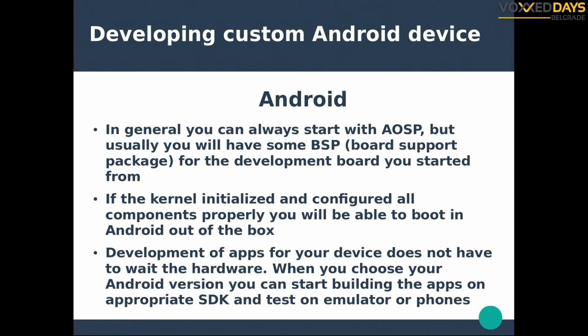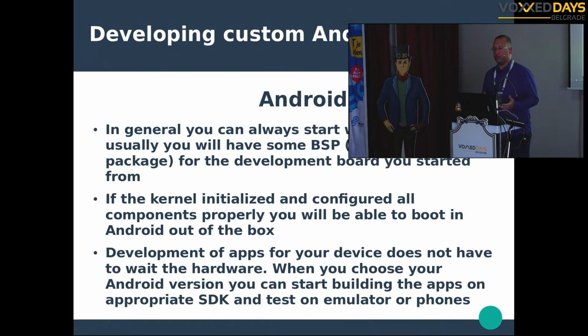Of course, as I said, with the development of your project before the hardware, one thing to consider is to start developing the applications that you will use on your device, the specific applications for your project's needs. You should start development in parallel with the hardware. And for those needs, you can use the emulators that you have from Google. There are also some third-party emulators that work very well, even sometimes better than the phones themselves.